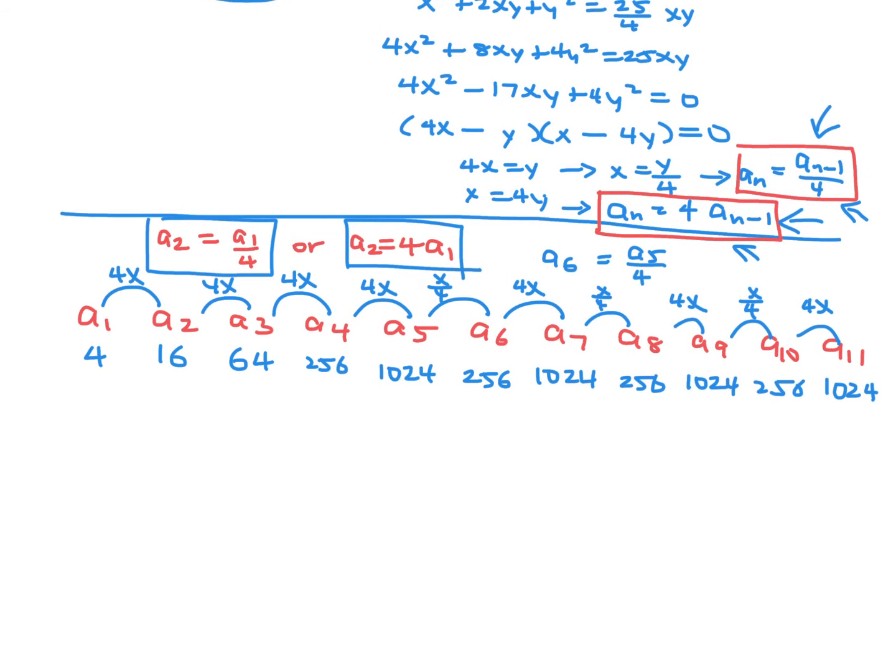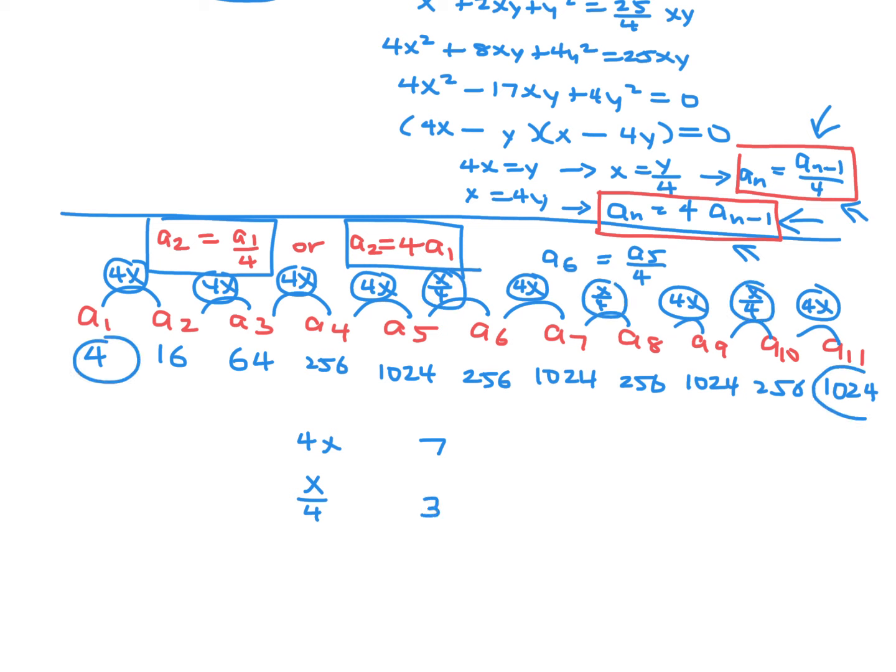So how many times did I use the 4x rule? 1, 2, 3, 4, 5, 6, 7 times. And how many times did I use the x over 4 rule? 1, 2, 3. So to go from 4 to 1024 over the course of 10 steps, I would have to use the 4x rule 7 times and the x over 4 rule 3 times.